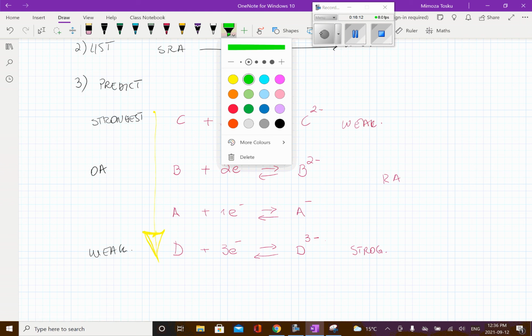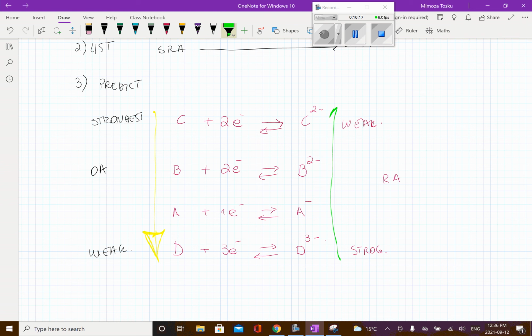For the reducing agents, you go from the strongest to the weakest going up, so the order will be D minus, the first one, A minus, the second one, B minus, the third one, and the weakest one will be C minus.